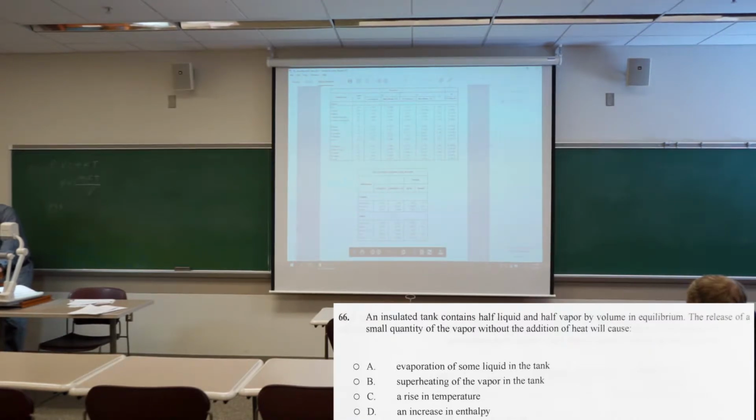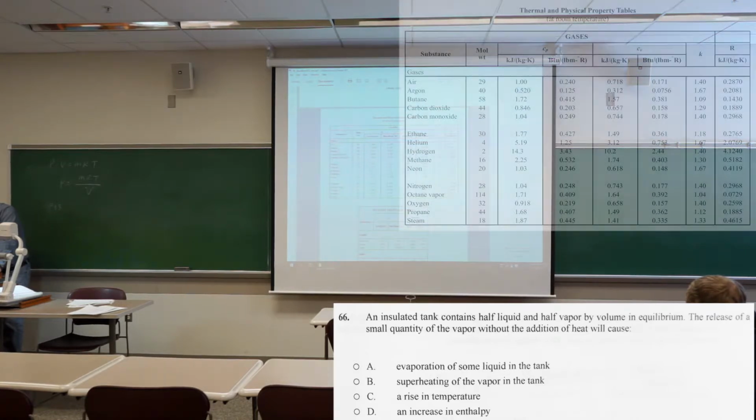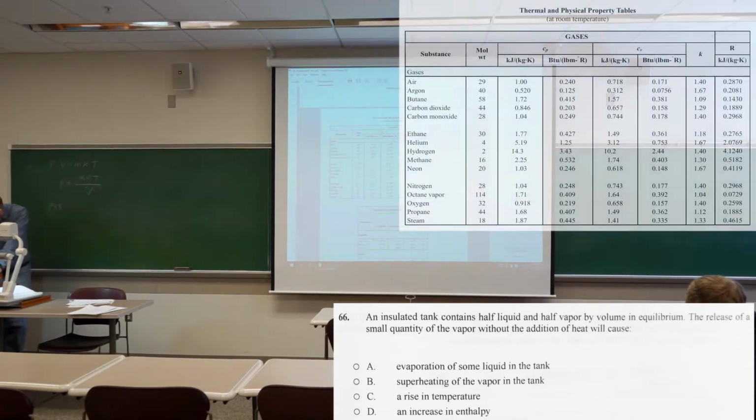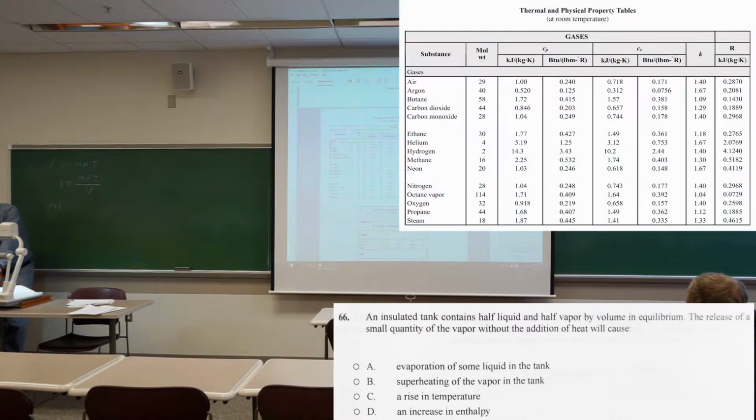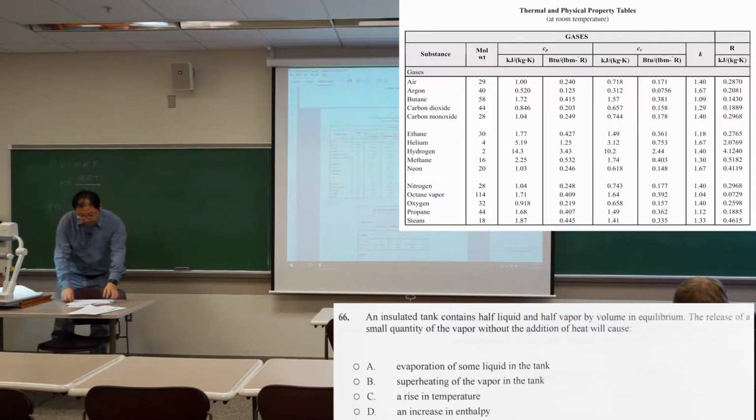See, page 93, thermal and physical property table. Over there, you look, this is nitrogen, right? Nitrogen, and then you find the gas constant. That's how you find R, right? And so then the remaining part is just very simple.